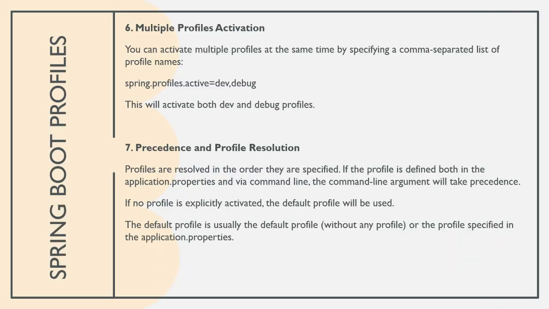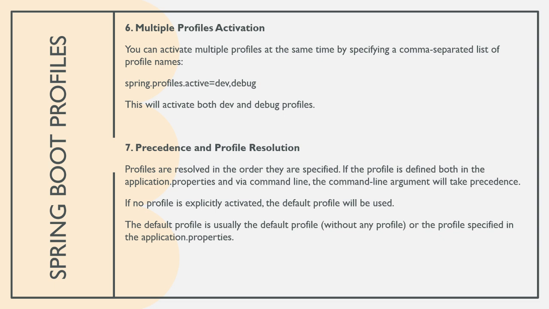Now we can also have two profiles active at the same time by specifying them comma separated. In that same property, you add a comma and then another environment. In that case, both environments will be active. So here, the dev and the debug properties are active. Now, what will take precedence?